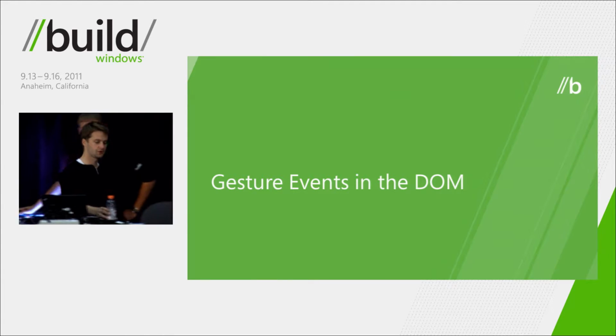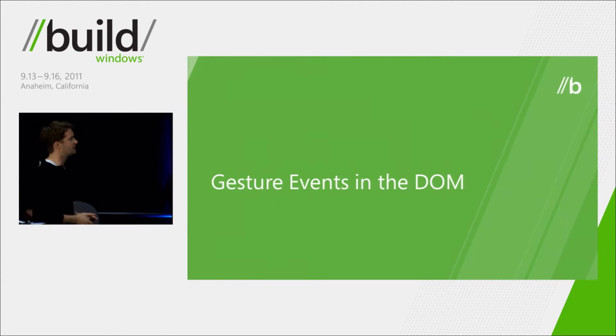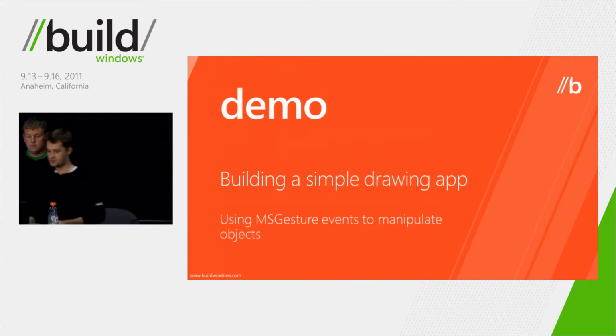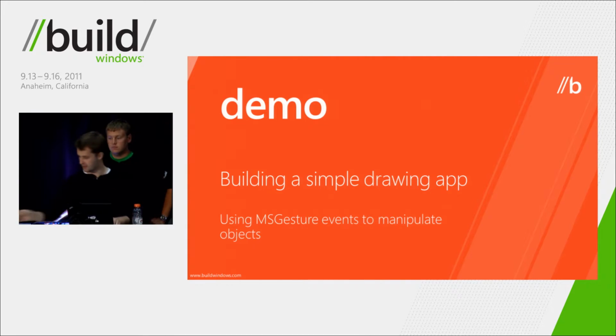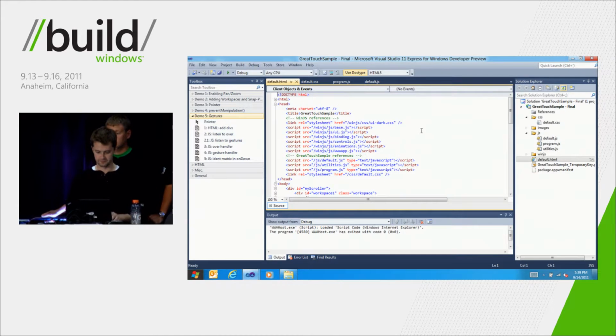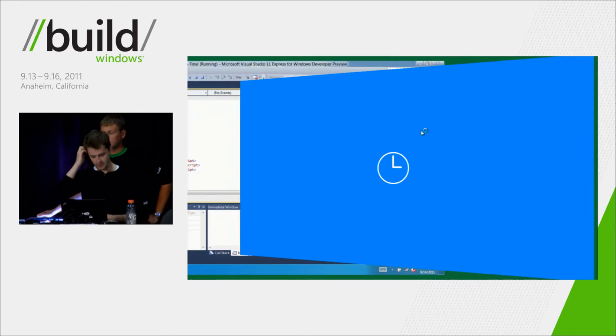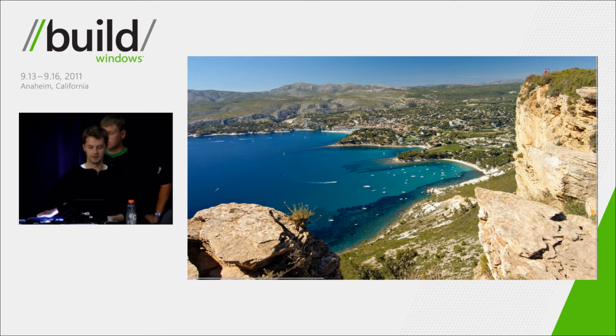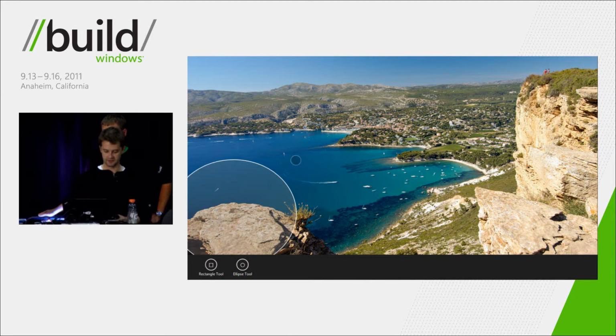So drawing these rects and ellipses is fun, but we can do more than that. Let's do a quick demo here. Again, we're going to flash forward to the final app. And wouldn't it be nice if after we drew these things, we could interact with them?